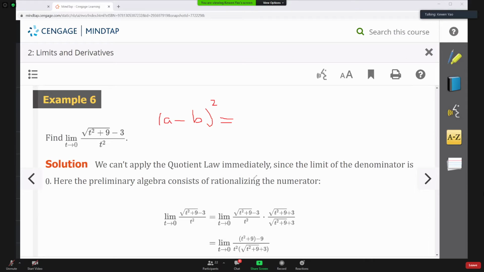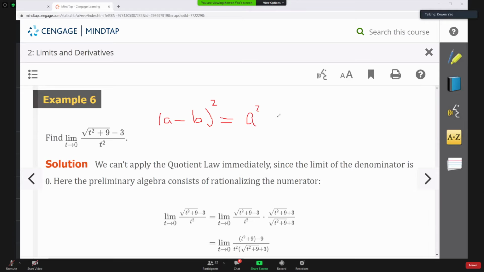We learned how to handle a plus b squared, but what's a minus b squared? Remember the formula? No, I don't remember it. Okay, you got to remember, for this section, the formula is this.